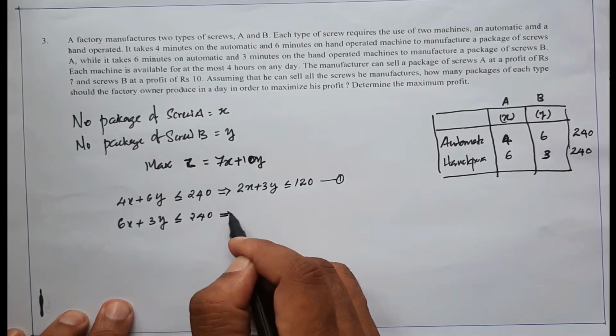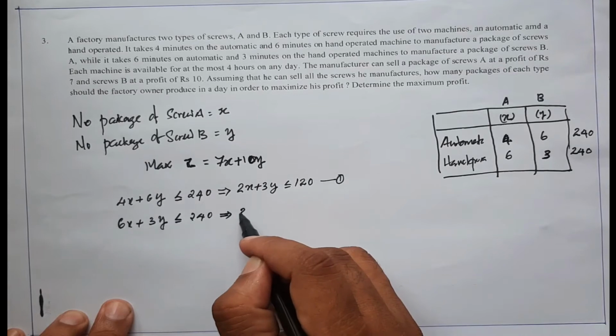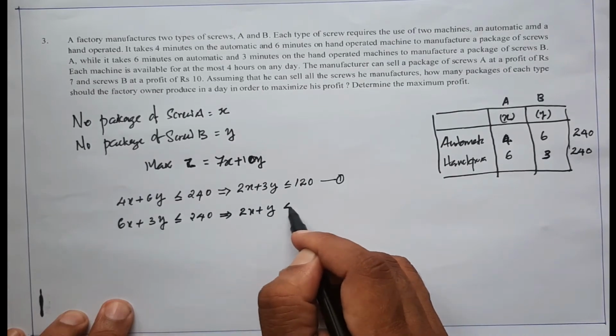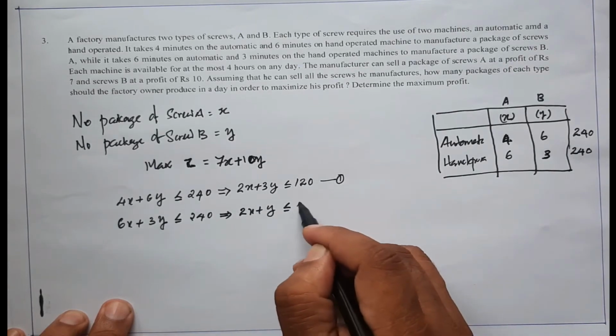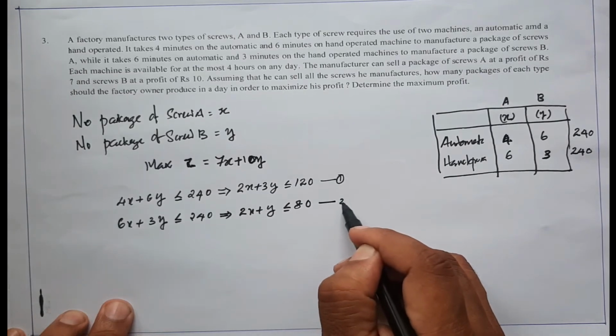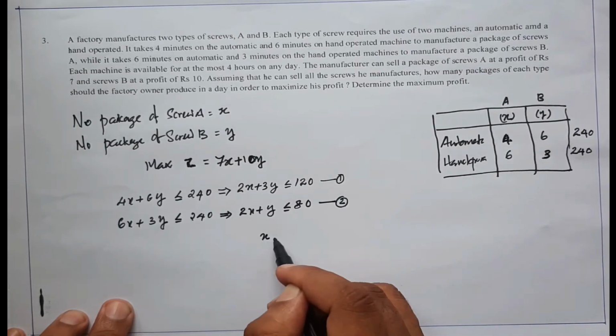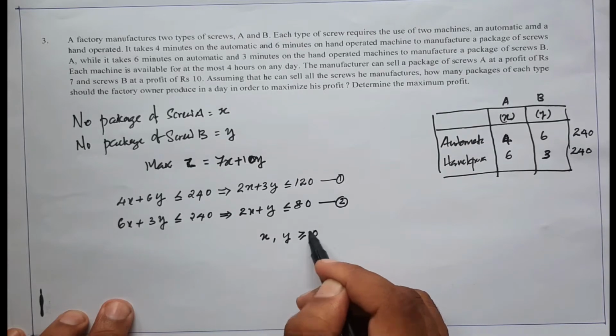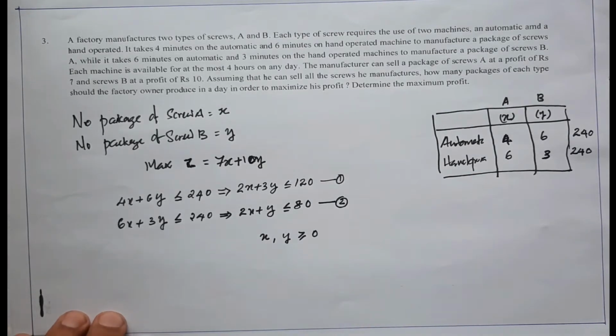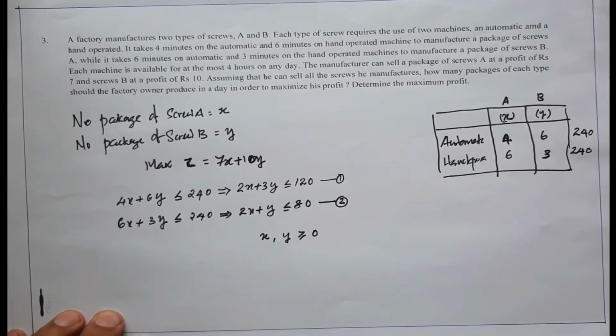Dividing throughout by 3 we get 2x plus y is less than or equal to 80, that's the second constraint. Also x and y are greater than or equal to 0 because the number of screws is never negative.